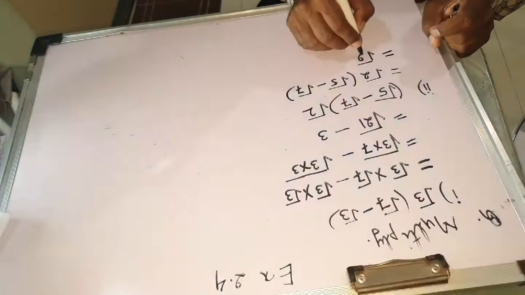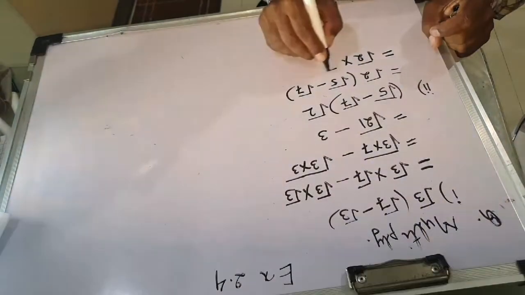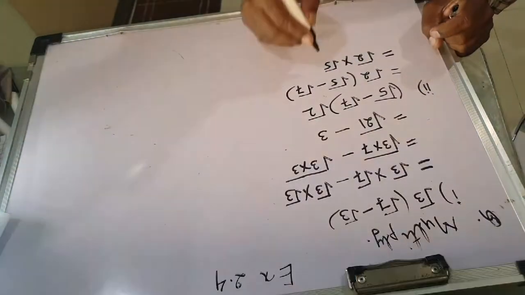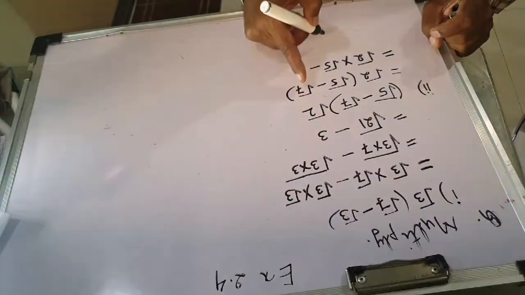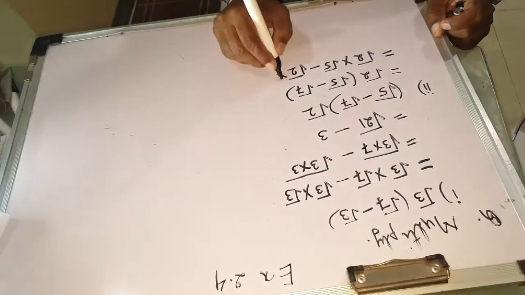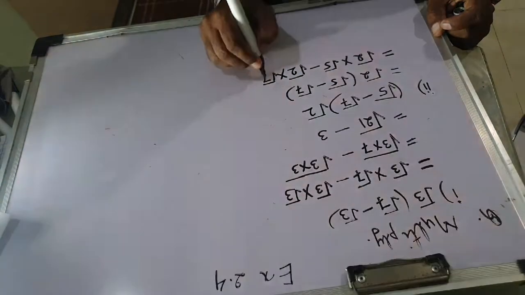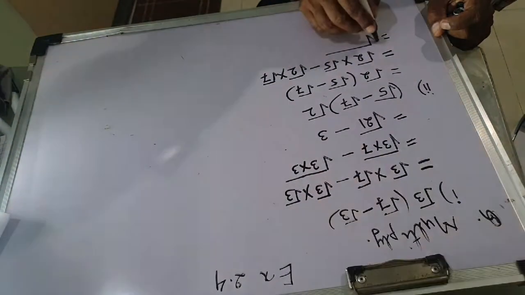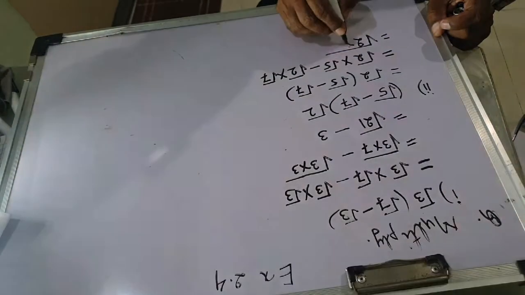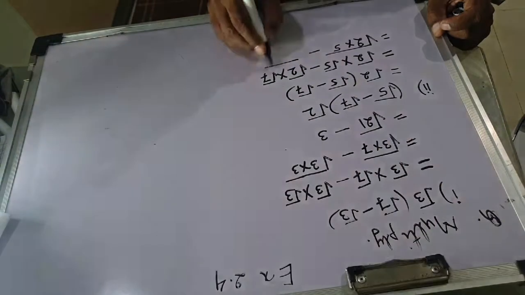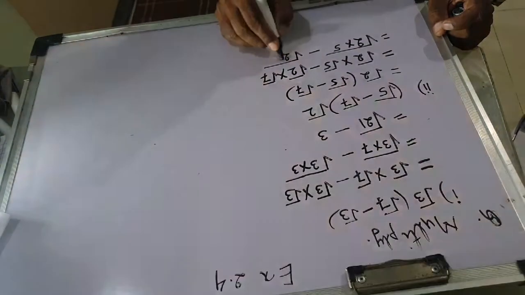Root 2 into root 5, this multiplication, minus, now this and this multiplication, root 2 into root 7. So that is equal to, now in the same radical sign I will write root 2 into 5 minus root 2 into 7.